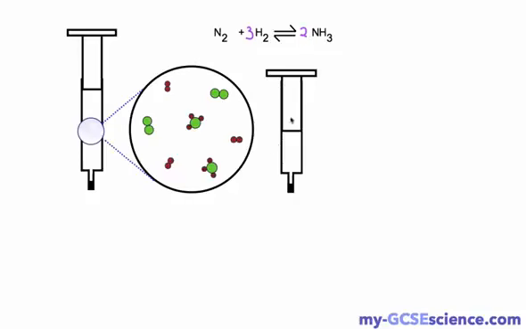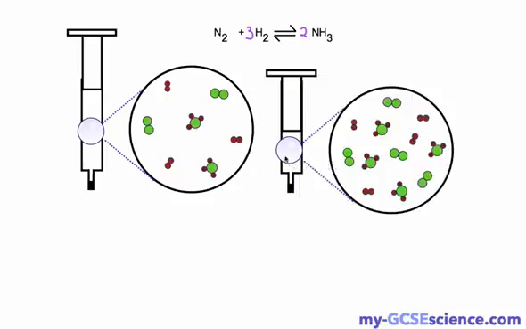So if we pull the plunger down, we have a much higher pressure inside there, and if we now looked inside, we would see that the molecules are much closer together, and this in fact will encourage or increase the rate of reaction in the forward direction. But why does it increase the rate of reaction in the forward direction?